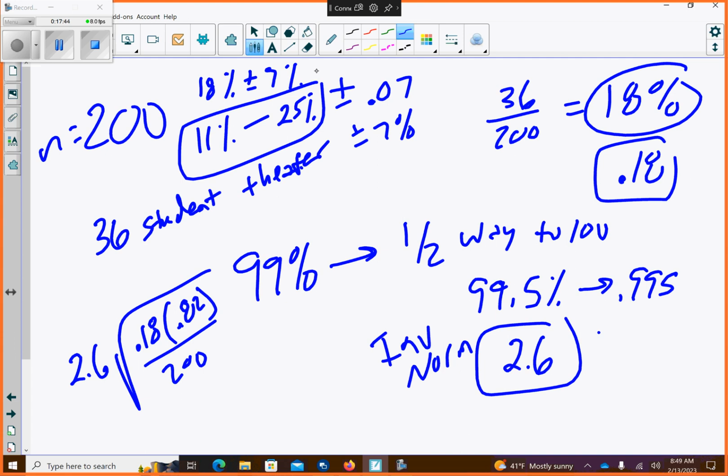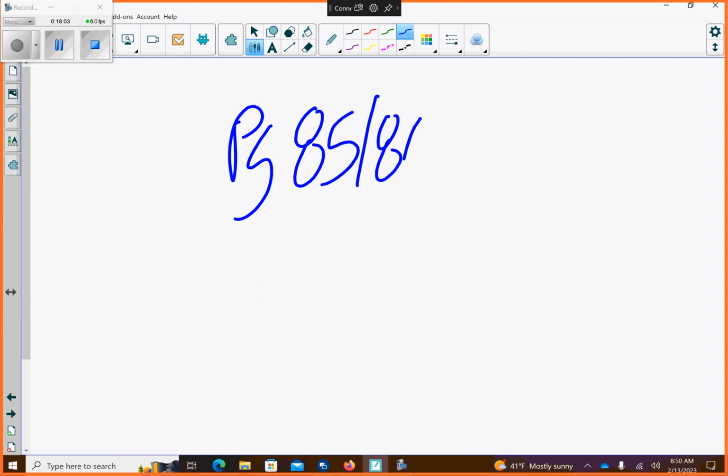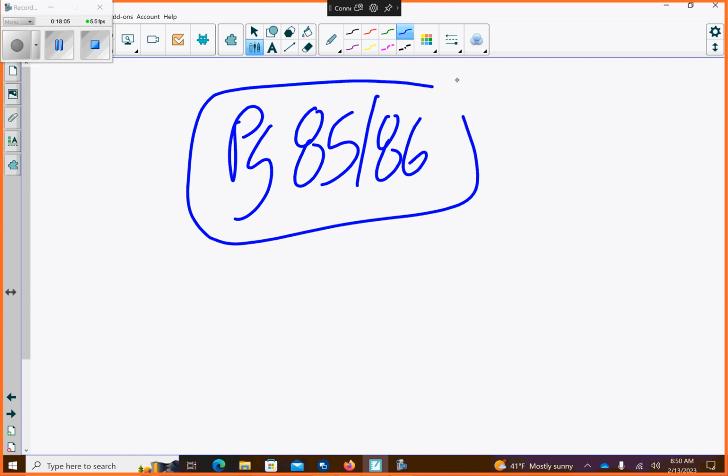Okay, so 5.7 is page 83 and 84. Or 5.8, sorry, I'm on the wrong page. 5.8, so 85 to 86. And you can work on the rest of that. Cool.